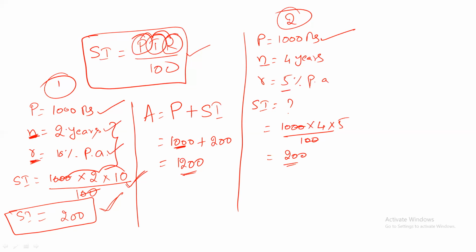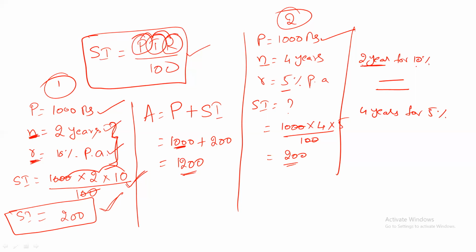2 years at 10% is the same as 4 years at 5%, because it's very simple: here n is the number of years and r is 10%, there n is 4 years and r is 5%.